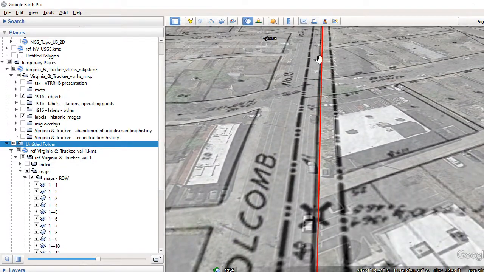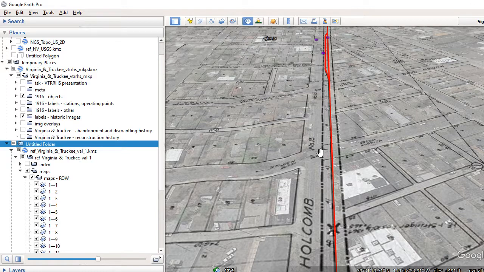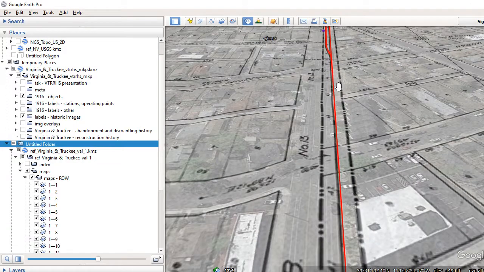And the interesting thing here is that V&T was operating not in the street like, say, Southern Pacific in Alameda in Los Angeles, or New York Central up the middle of Washington Street in Syracuse. Instead, they were not in the street.